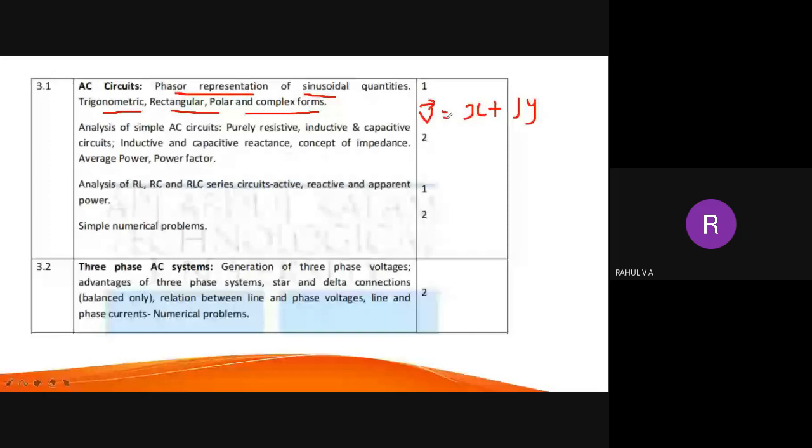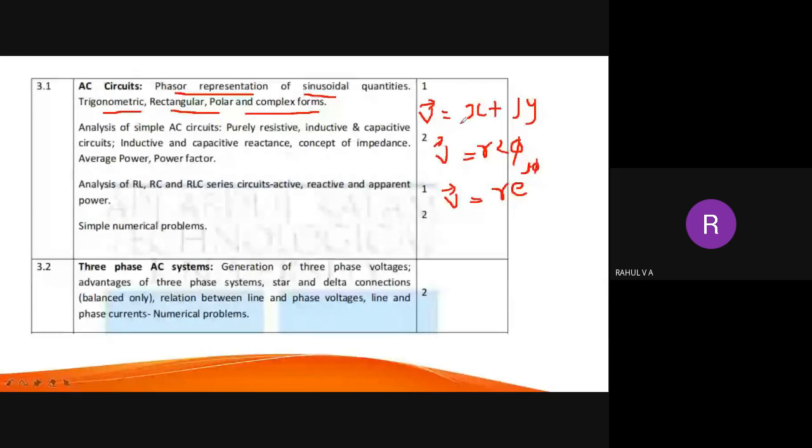And in the polar coordinate system, it is represented by r at an angle. We have also learned formulas to convert from polar form to Cartesian form and from Cartesian form to polar form. In the trigonometric method, a phasor is represented by r into e raised to j phi, where e raised to j phi is nothing but cos phi plus j sin phi.